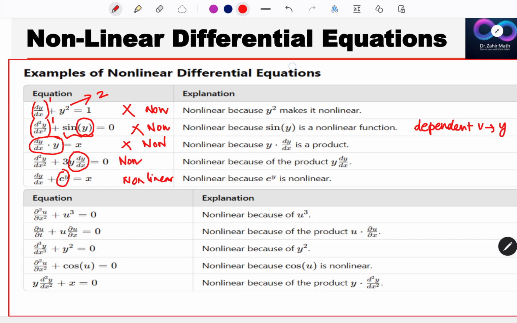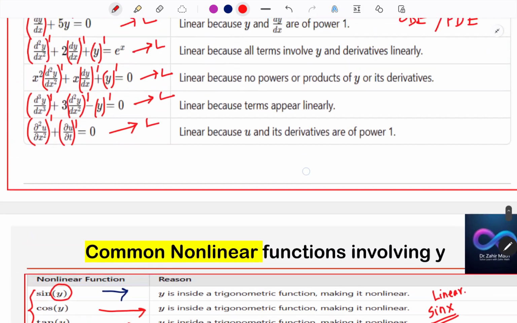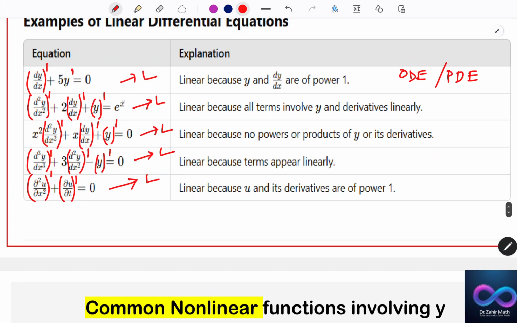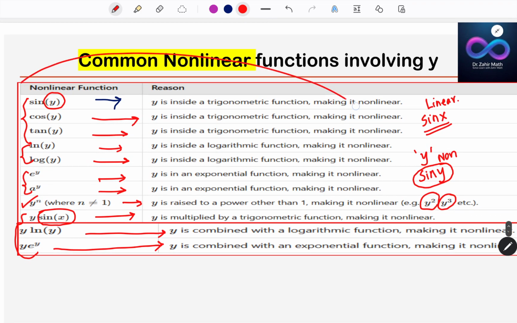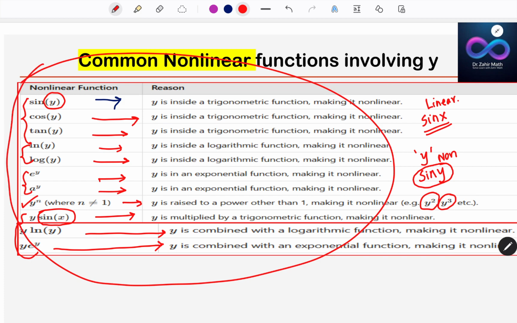Now let me go back to the previous slide. There is one e power x. You can see that in the equation. Teacher, there is e power x there. You didn't say this is non-linear. I told you, dependent variable. Whatever I told you in this table, all these things are based on the dependent variable y. You should be careful.